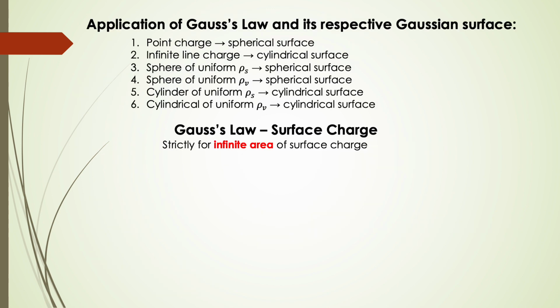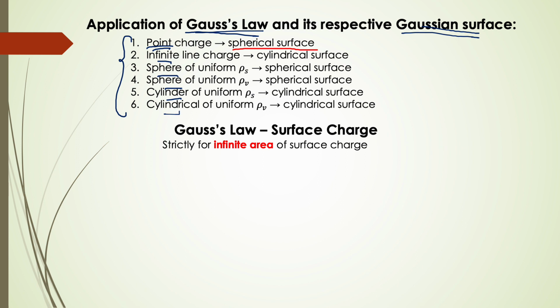So now, how do we decide which imaginary surface we must draw if we want to use Gauss law? This is a summary of the respective Gaussian surface that suits each kind of electric source. For a point charge, the appropriate Gaussian surface will be a spherical surface.